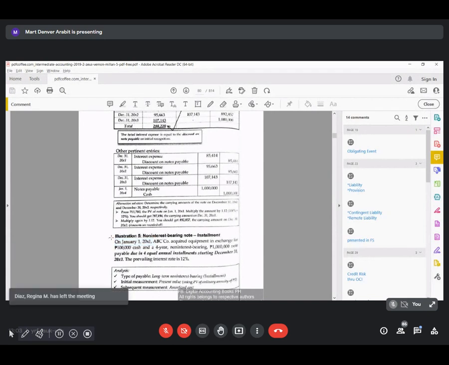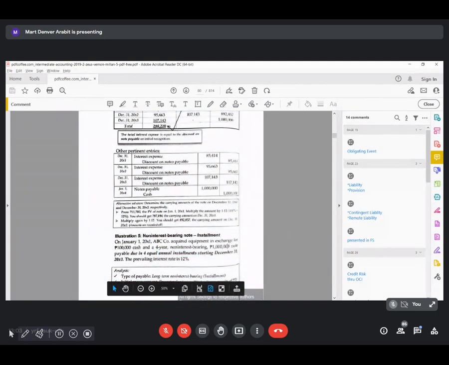Di ba? So, the interest is payable every December 31, which is same din dun sa annual installments niya. So, meaning, on January 1, 2021, naka-receive ka ng note, and by December 31, 2021, makakatanggap ka ng unang payment mo on installment.